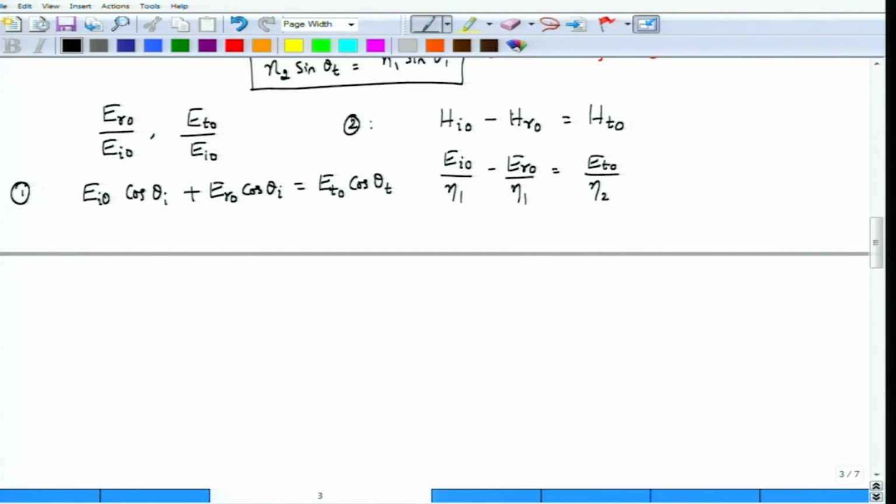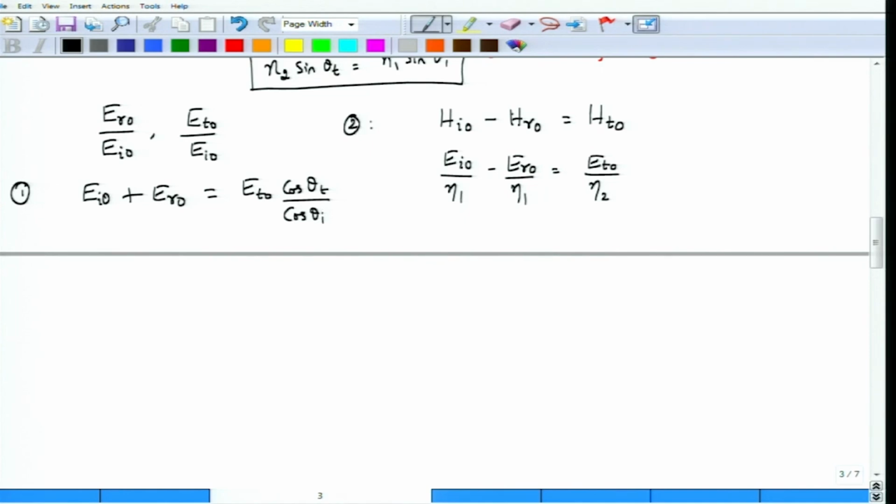I can push this cos theta I onto the other side, because that's a simplification I can make, and thereby reduce this equation to EI0 plus ER0 equals ET0 cos theta T divided by cos theta I, right.